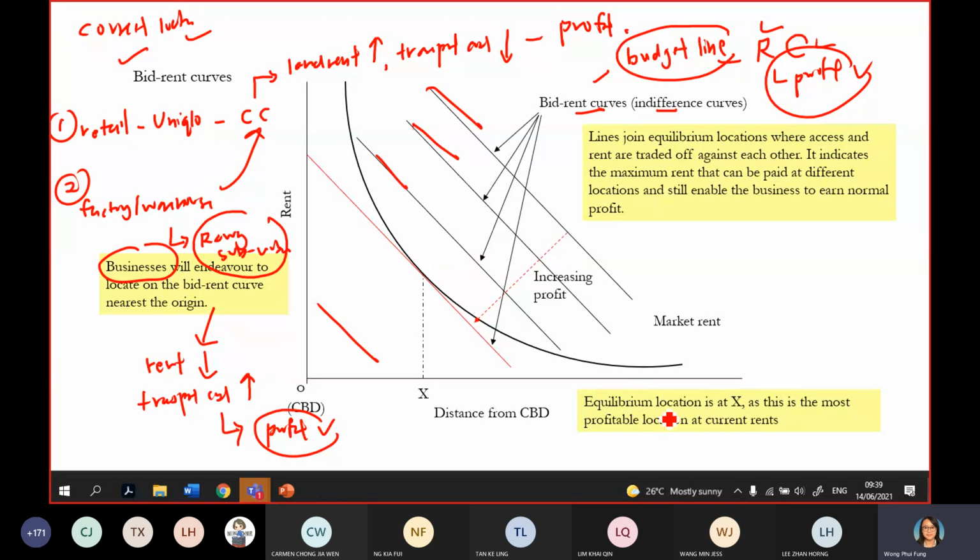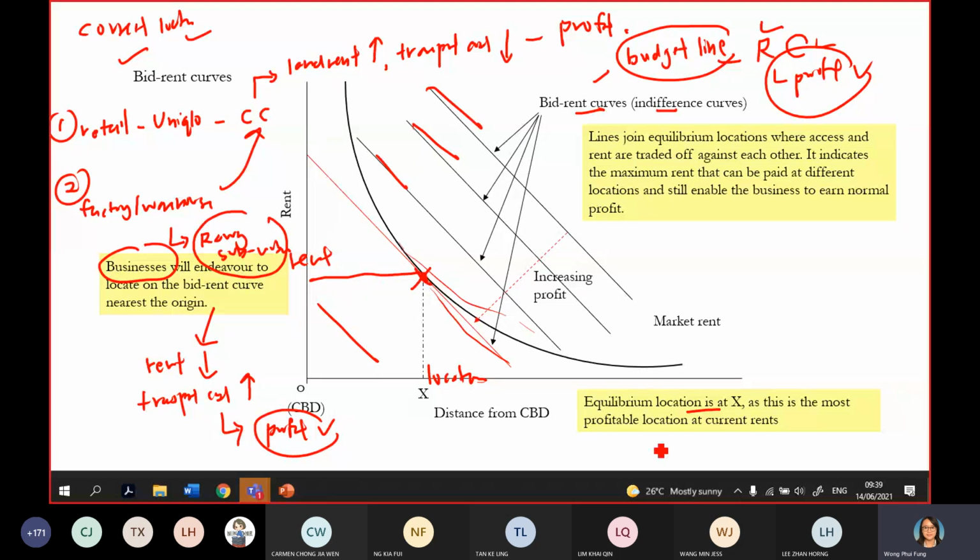Okay, the equilibrium location will be this point, where the curve touches the tangent of the market rental. Can you see here? When this bid rent curve just touches the tangent of this bid rent curve, this is what we call the happiness point, the equilibrium point, where the location is equal to the rental.